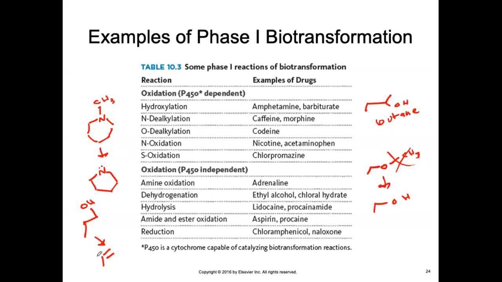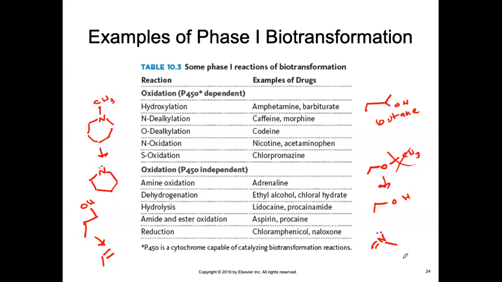Hydrolysis, meaning use a water molecule to split something. Lidocaine and procainamide are examples. Amide and ester oxidation: aspirin and procaine. An amide is something that looks like this, a double bond and a nitrogen, and then another bond there and then a free.